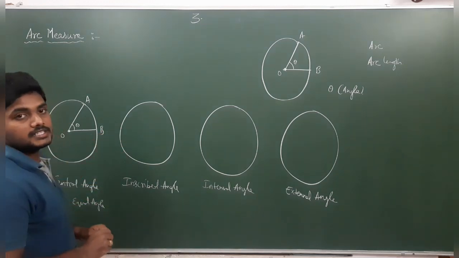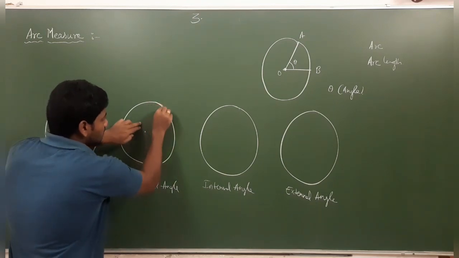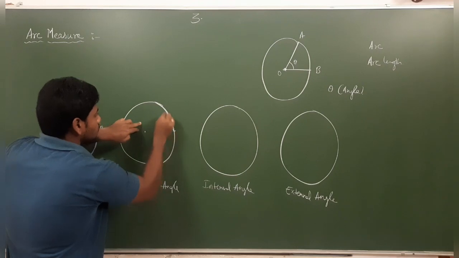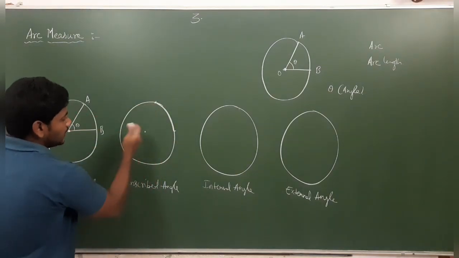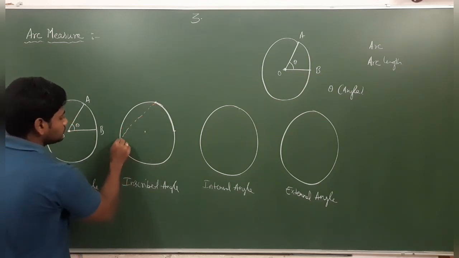Now what do you mean by inscribed angle? For example, if it is the radius, if I consider this arc, and we extend those two to the other extreme point of the circle, like this.